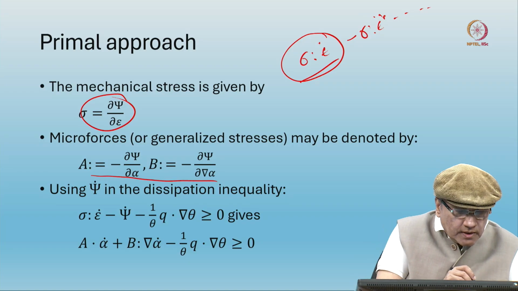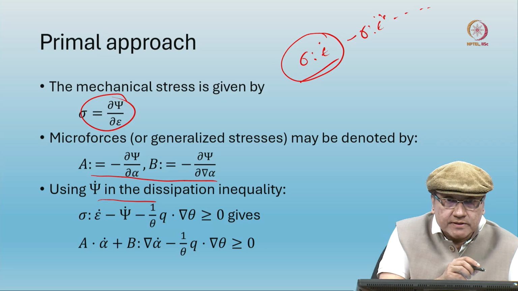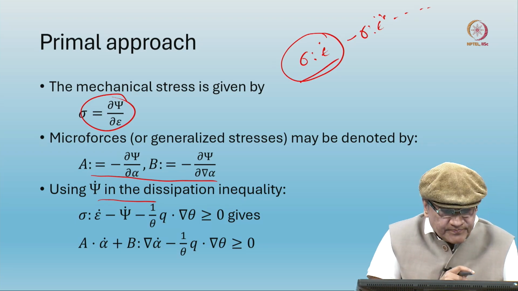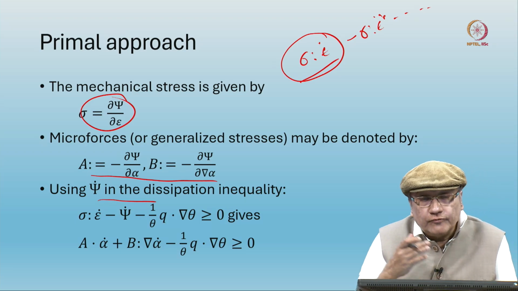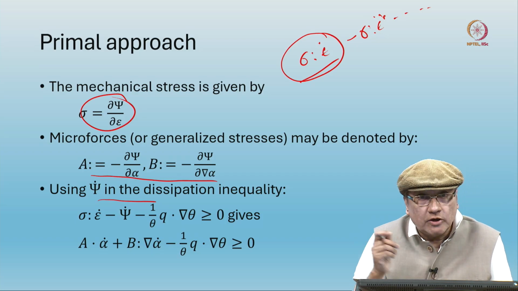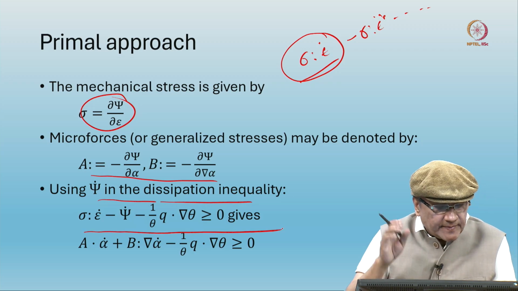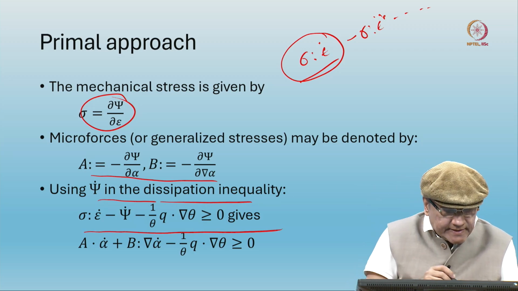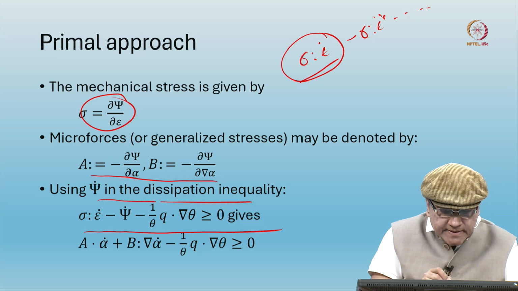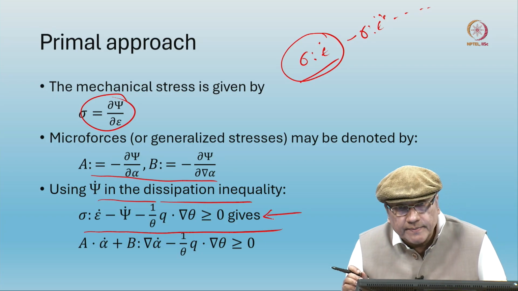So now using these expressions for these two, A and B, two microforces or thermodynamic forces conjugate to alpha dot and grad alpha dot in psi dot, we get simply this: sigma epsilon dot minus psi dot minus 1. This is the reduced dissipation inequality, the Clausius-Duhem inequality.